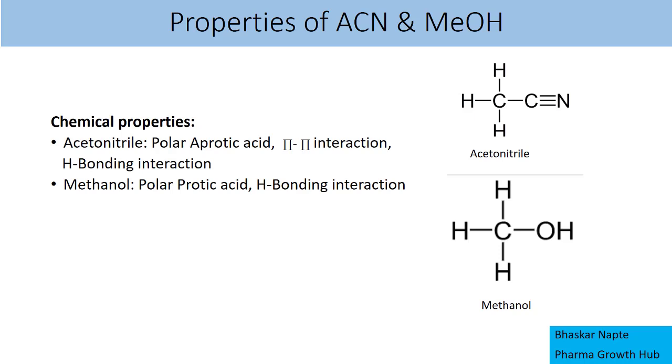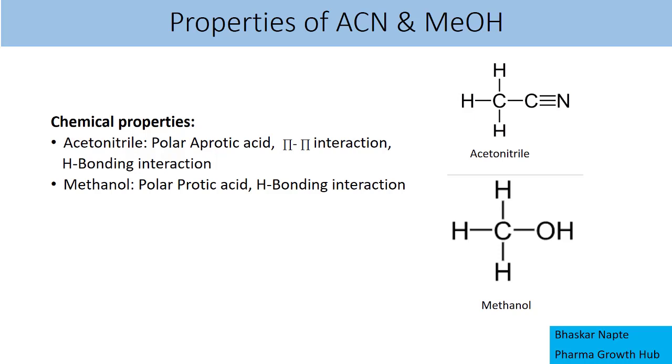It brings the pi-pi interaction because of the presence of the C triple bond N. It can also form hydrogen bonding with another molecule because of the presence of a highly electronegative atom like nitrogen. Now when it comes to methanol, methanol is a polar protic solvent and it can interact with another molecule with the formation of hydrogen bonding.